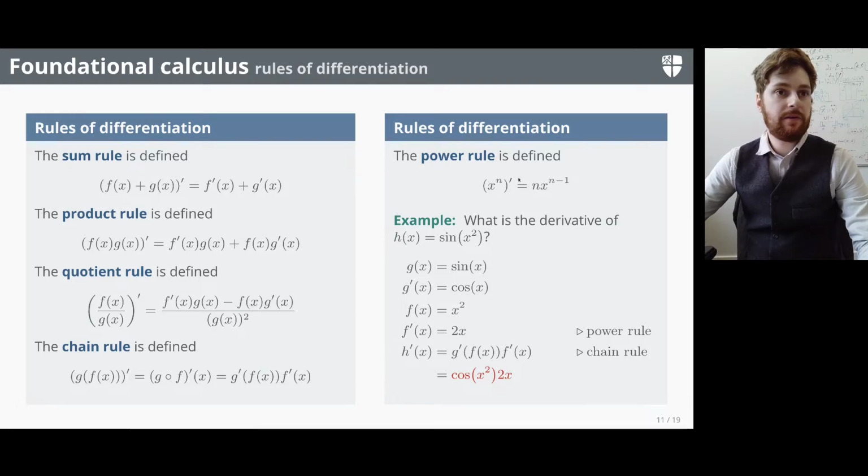The power rule is basically where you take the power and bring it down, so you go from x squared to 2x. Now we've got these two derivatives, the derivative of g of x and the derivative of f of x. We can substitute those into the definition of the chain rule, and this gives us cosine of x squared times 2x.